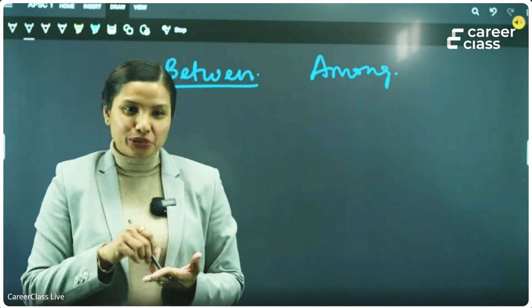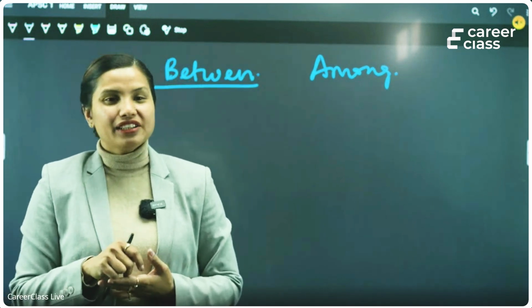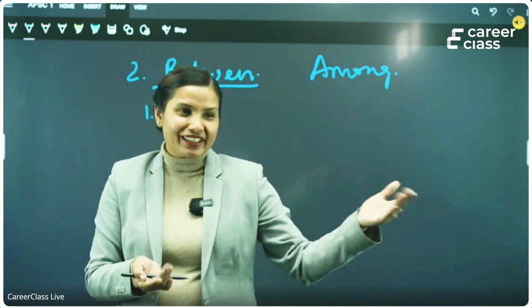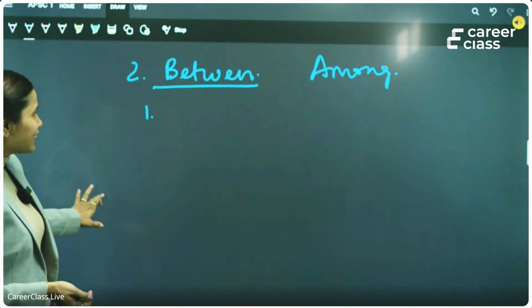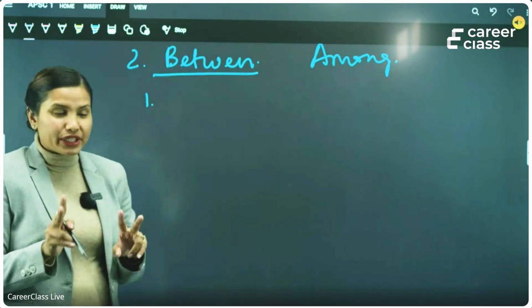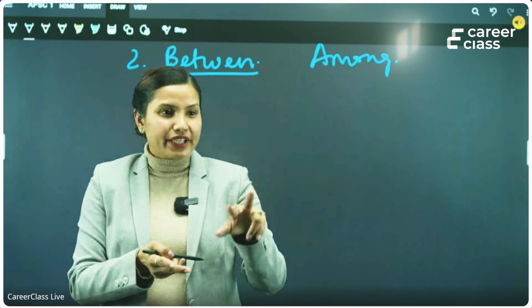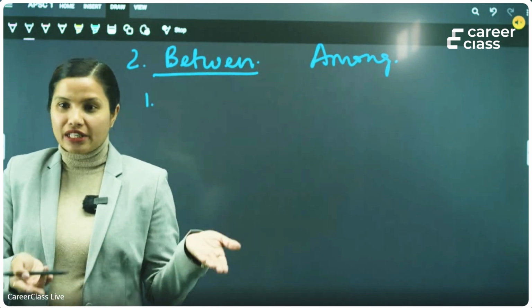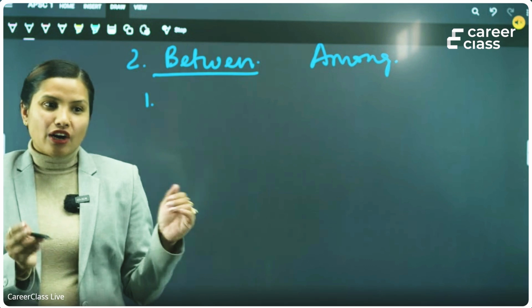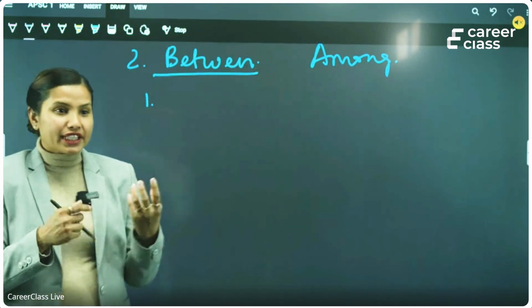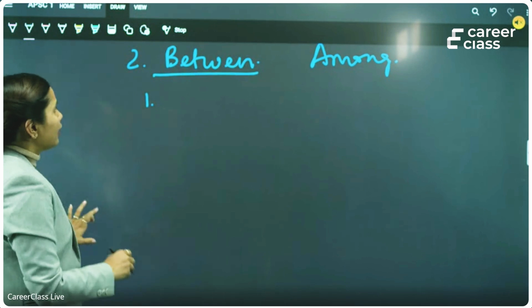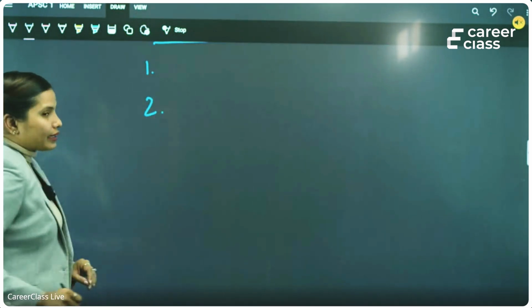You are sitting between two people and you have to name those people. Okay, so Reena and the other one is maybe who? Rita. There are two people, so we can say between Reena and Rita. Or when we compare or when we express between two people, then it is going to be between. And the second one, among.